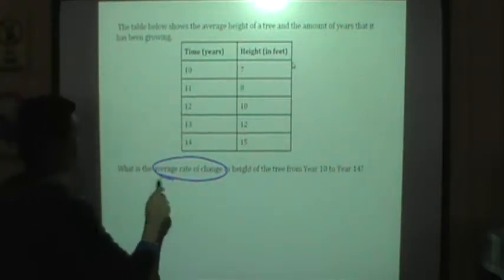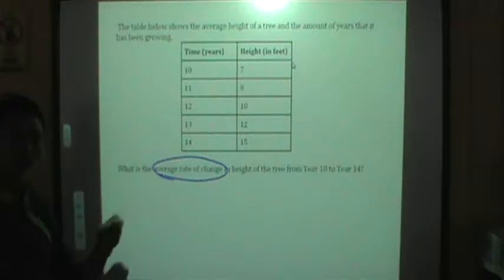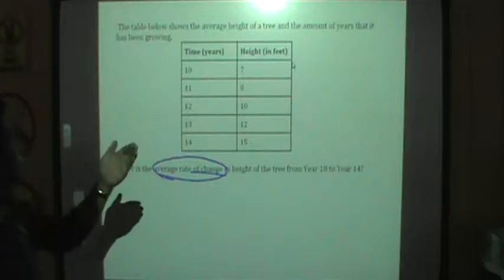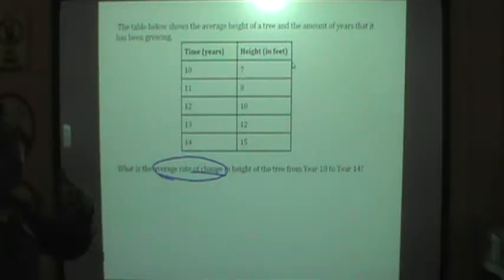Now, average rate of change. For an average, we can add the numbers and then divide by the number of data. But for the rate of change, all you have to do is basically subtract the previous from the present.